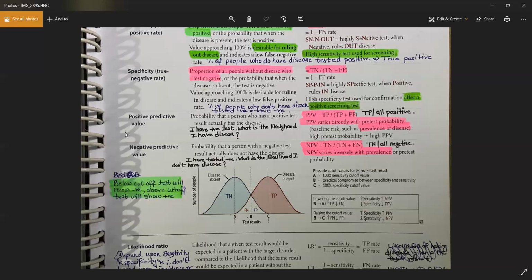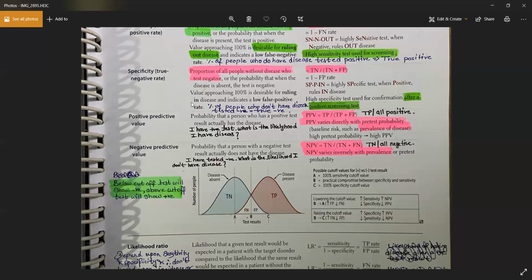It can be calculated from all the positive scenarios, which means true positives divided by true positives plus false positives. Whenever the prevalence of a certain disease is high in a population, the positive predictive value is very high for a test, because there are very high chances that the patient actually has the disease, since the prevalence is already very high in the population, right?